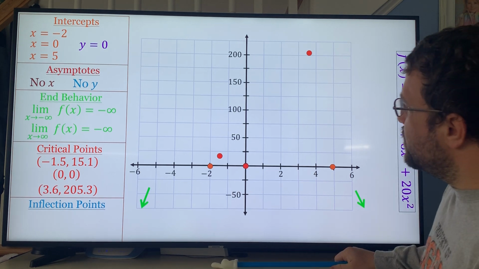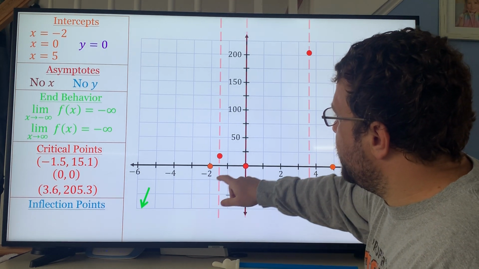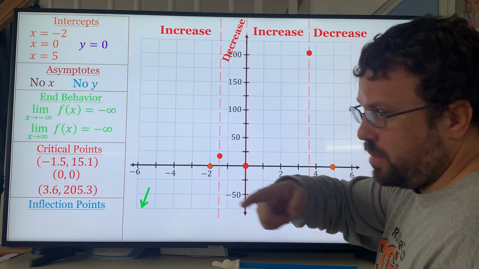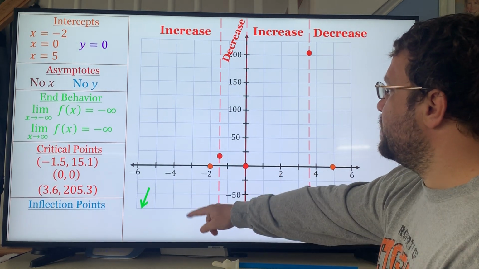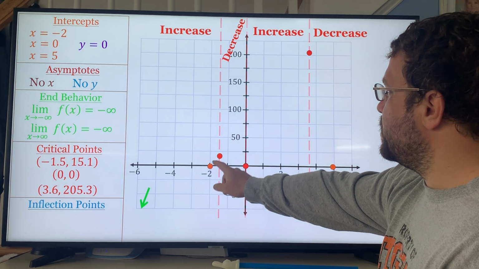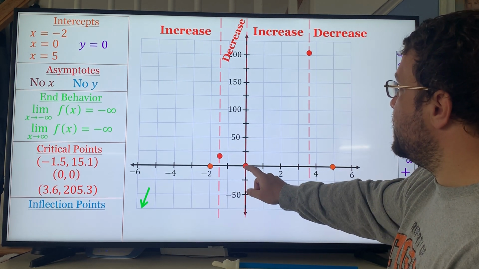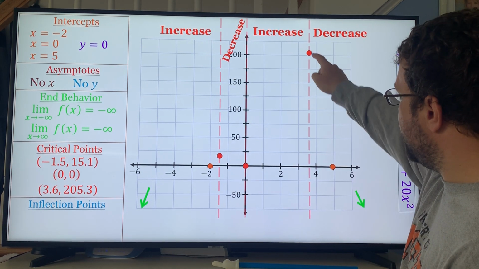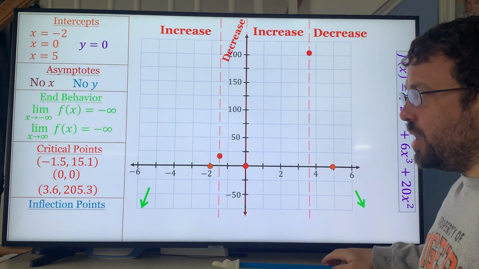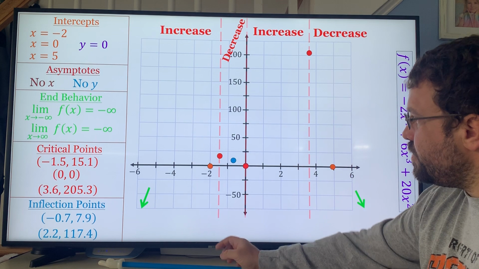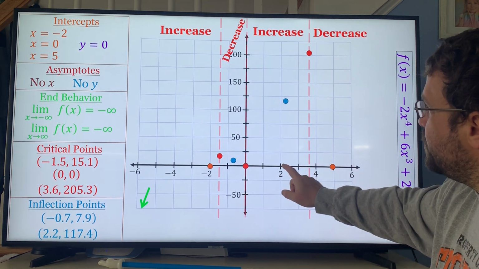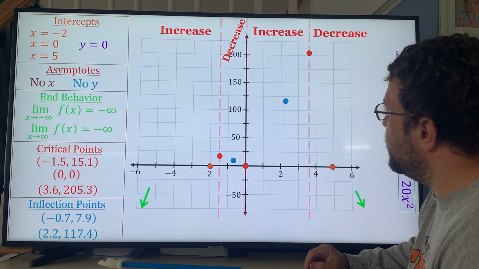All right, so as you can see, between these points right here, the chart we made said the graph is going to increase to here, which makes sense because we have to come from negative infinity, cross through here. Then it's going to decrease to get to this point, makes sense, increase, and then decrease down forever. All right, so that's good. Now inflection points are negative 0.7, 7.9, and 2.2, 17.4.